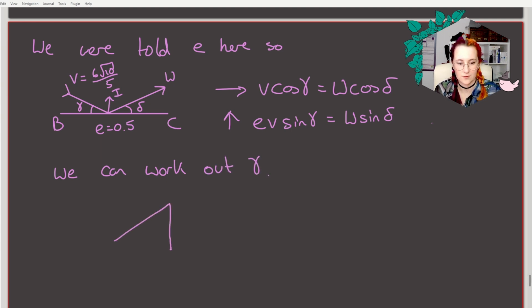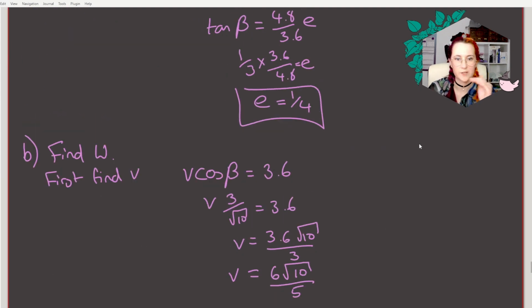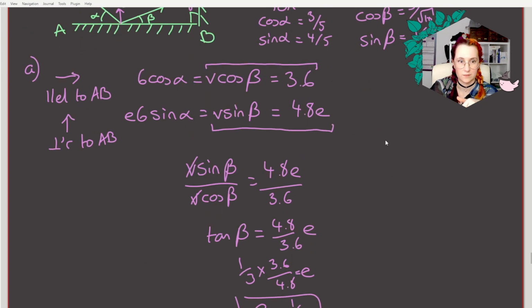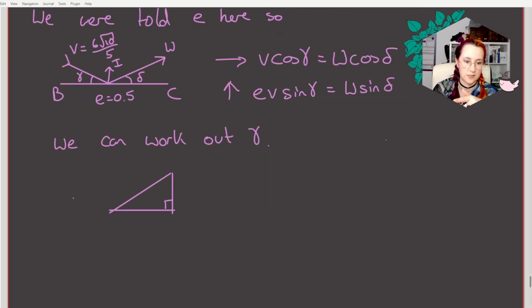Since we have, please recognize that this is a triangle. Since we got told that the walls AB and BC are at right angles to each other, it was drawn in, which means that beta, gamma and 90 make a right angle triangle.